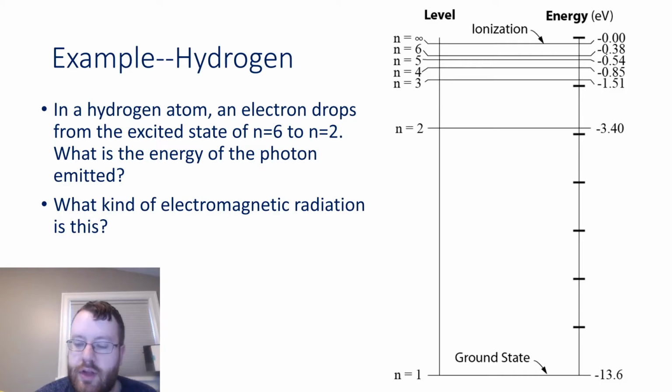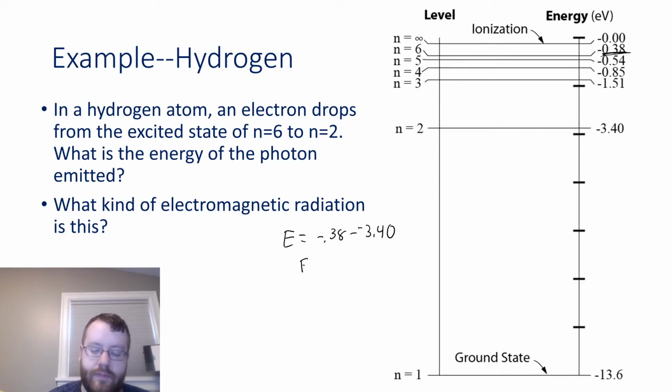So n equals 6 looks like it is negative 0.38, minus our final energy level, which is negative 3.40. If we do this math out, we get a total energy of 3.02 electron volts. So that's my total energy.